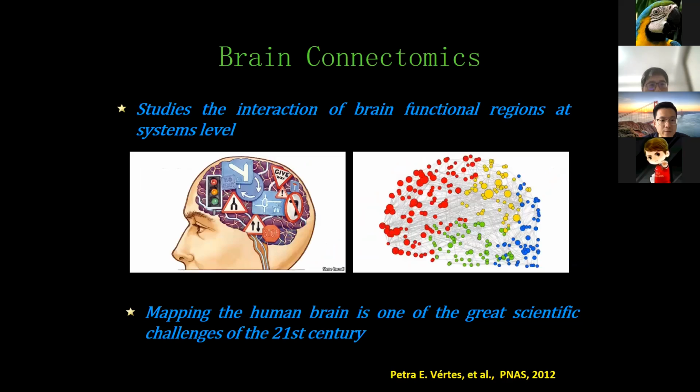There are many imaging-based methods to detect AD, and recently some research works first convert the imaging data to a network, that is, a brain connectivity network, and then extract features from the brain networks. There is a domain called brain connectomics. Brain connectomics studies the interaction of brain functional regions at system levels.